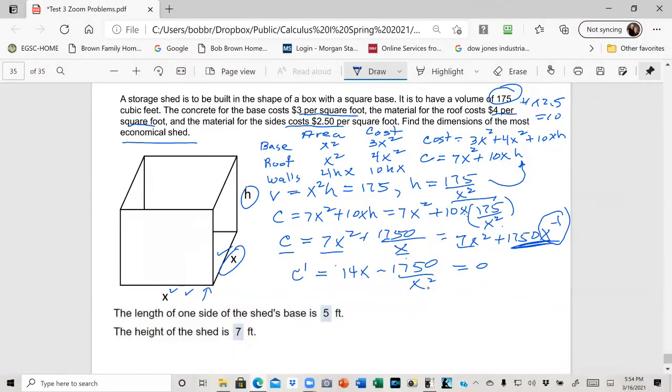And we get 14x equals 1750 over x squared. Cross multiply and you get 14x cubed equals 1750.